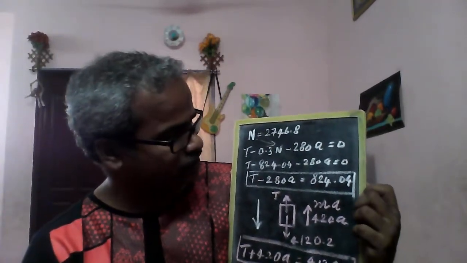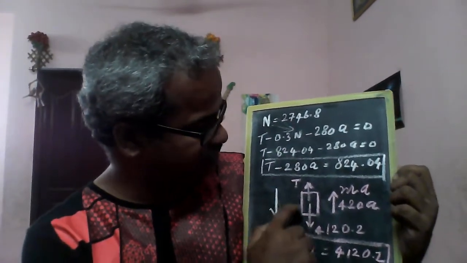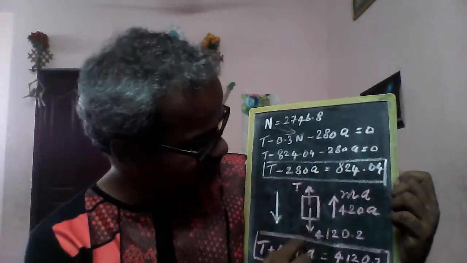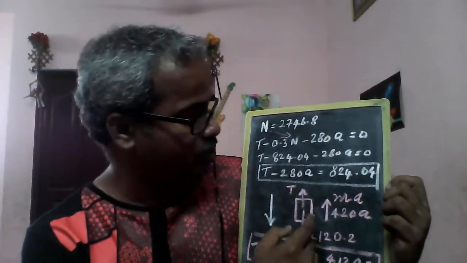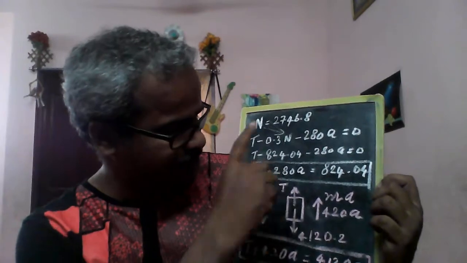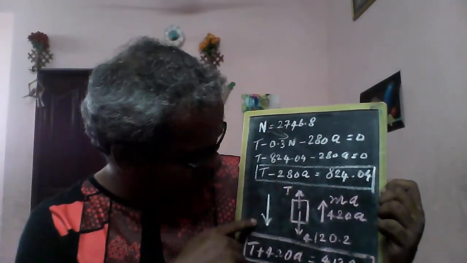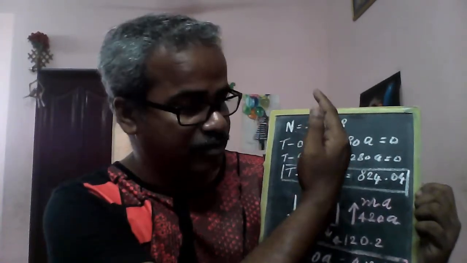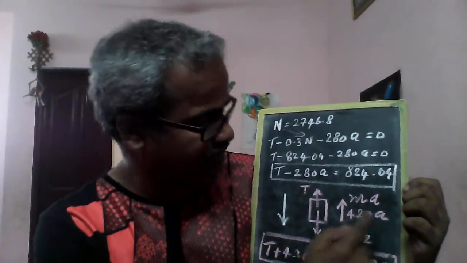Coming to the second block, it is hanging, so it doesn't have contact anywhere. The weight is acting downward, that is 4120.2, and the tension T is acting upward. Since the block is moving downwards, there will be an inertial force acting upward, that is 420A.